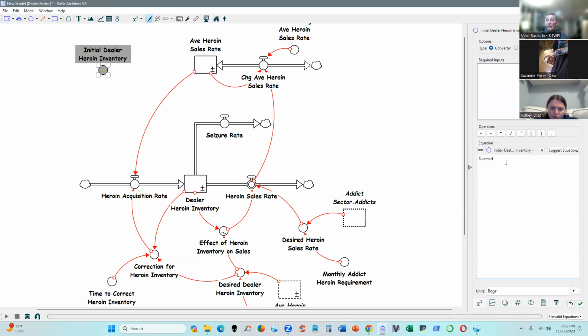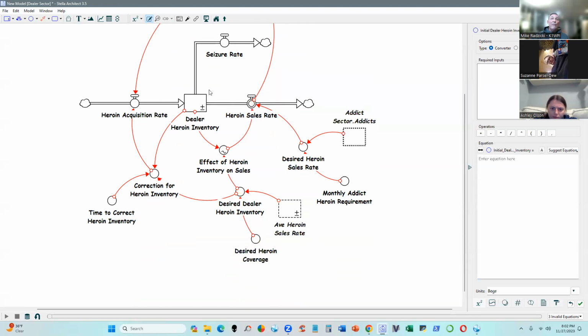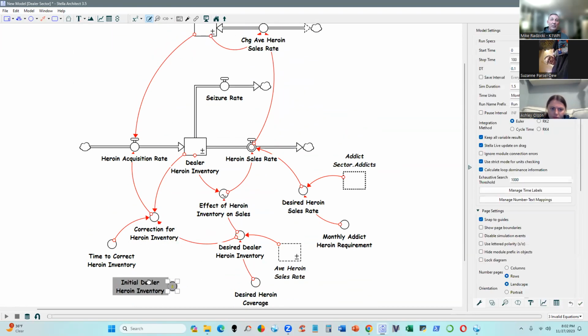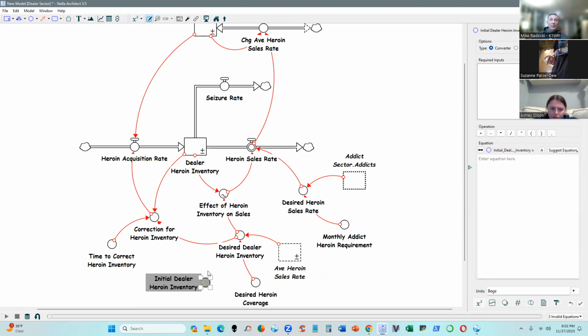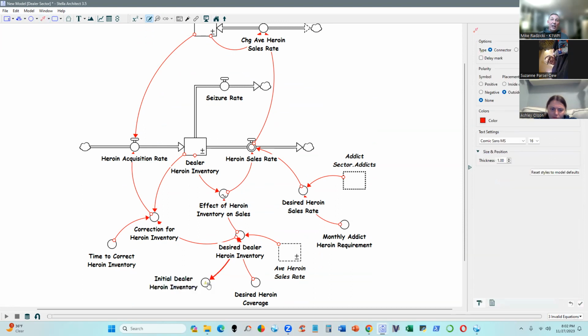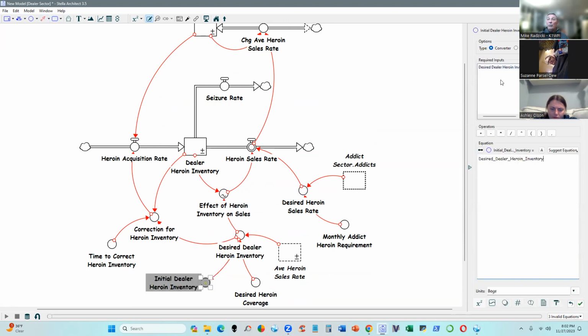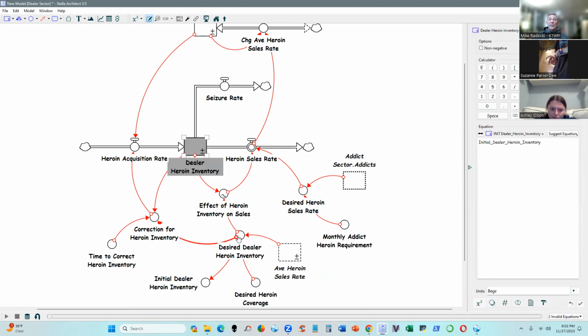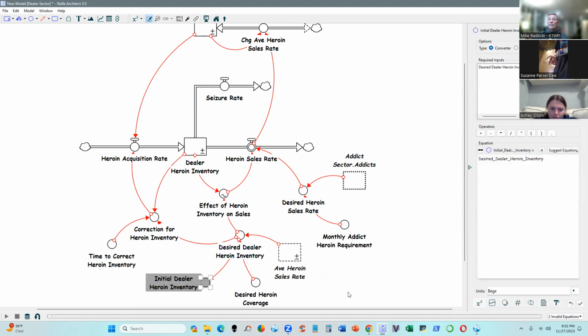It's not going to let me do that. I thought it would. Fine, then I'll do this. The initial value of inventory, let's call it desired, because we want it to be in equilibrium. So this initial value is the desired value.